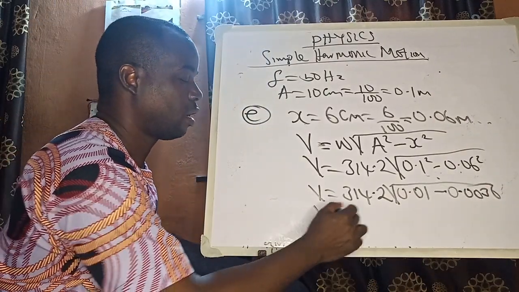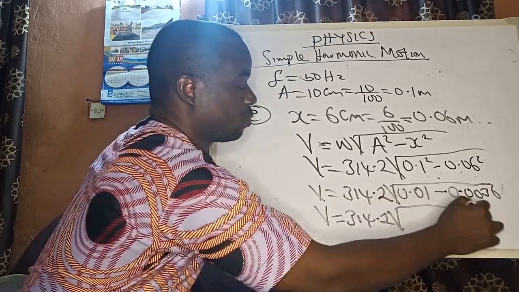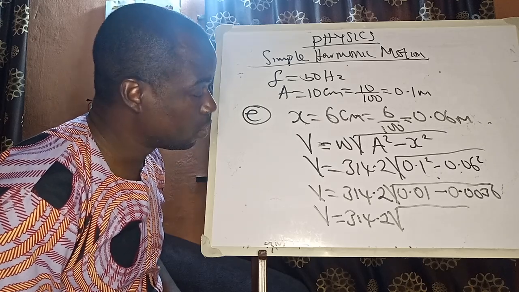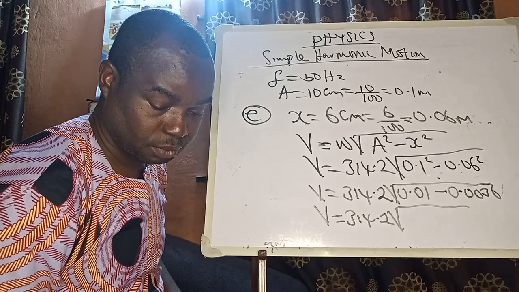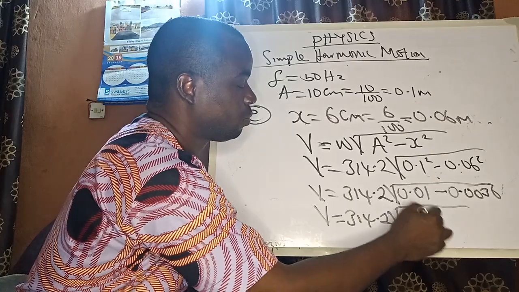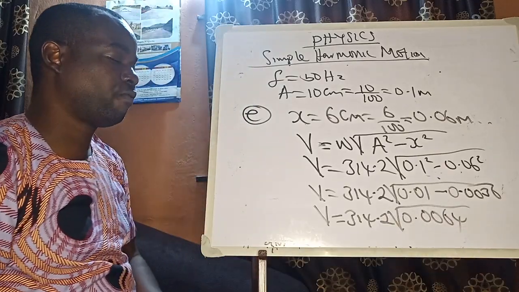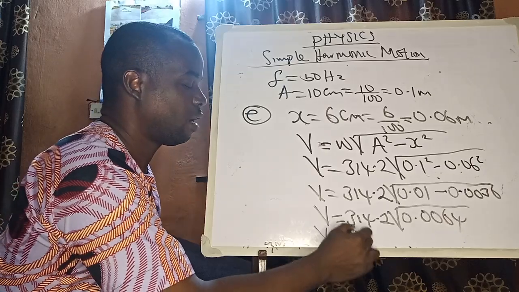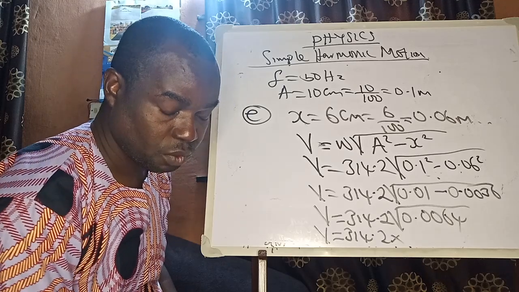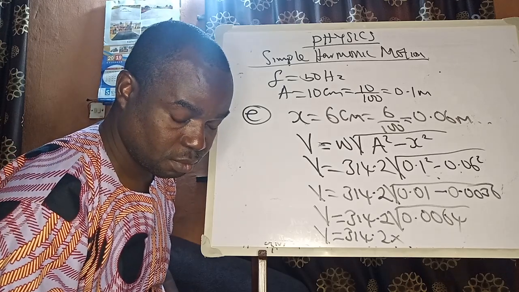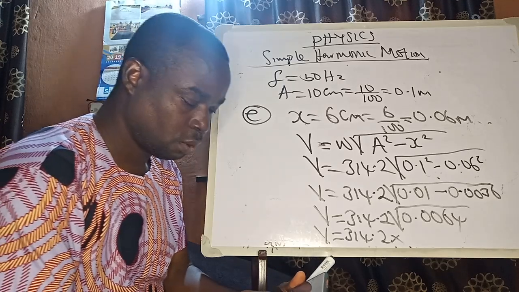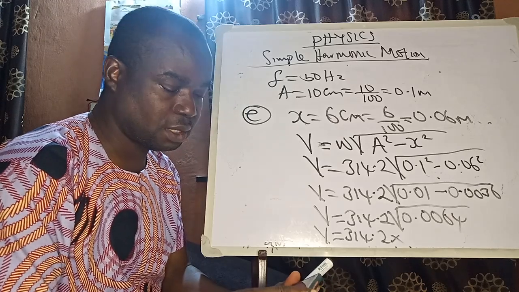So if you now subtract, 0.01 minus 0.0036 will give us 0.0064. So we now need to get the square root of 0.0064. Square root of 0.0064 is 0.08.